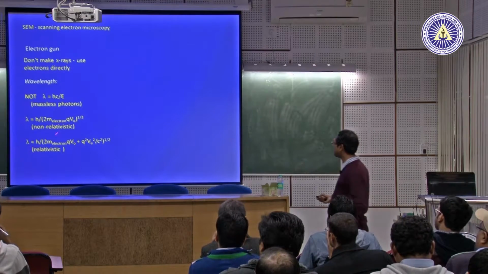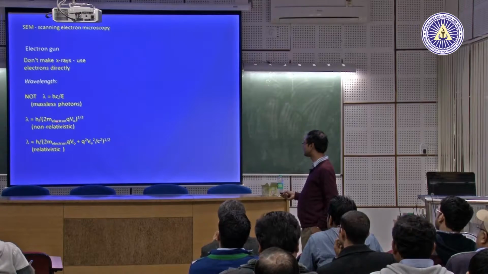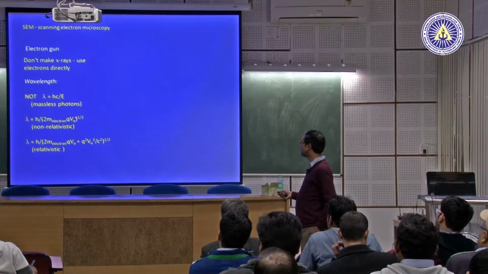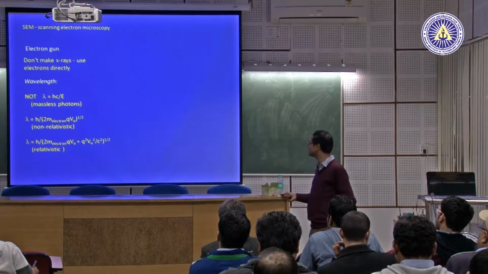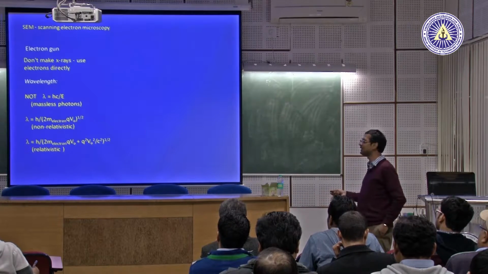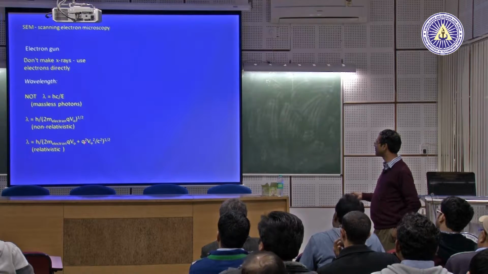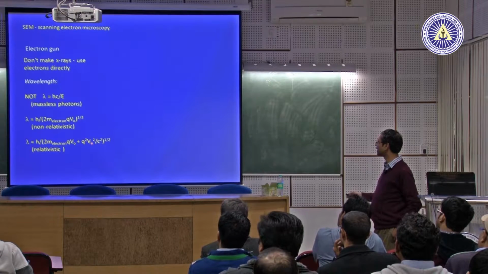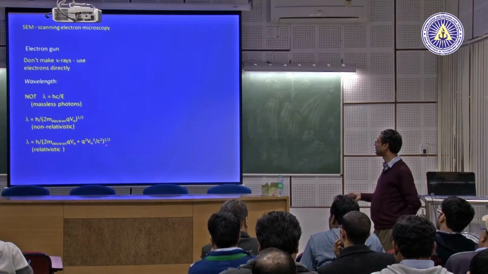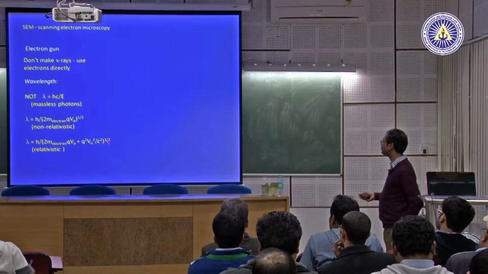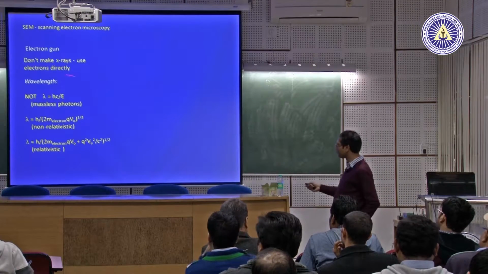Now you can actually get lambda using relativistic corrections, where your velocity is corrected by relativity, because the velocity of these electrons can be very high, comparable to the velocity of light. In that case you have to use an extra term, q square v square by c square. This comes from Einstein's relativity formula, and any textbook will have that.